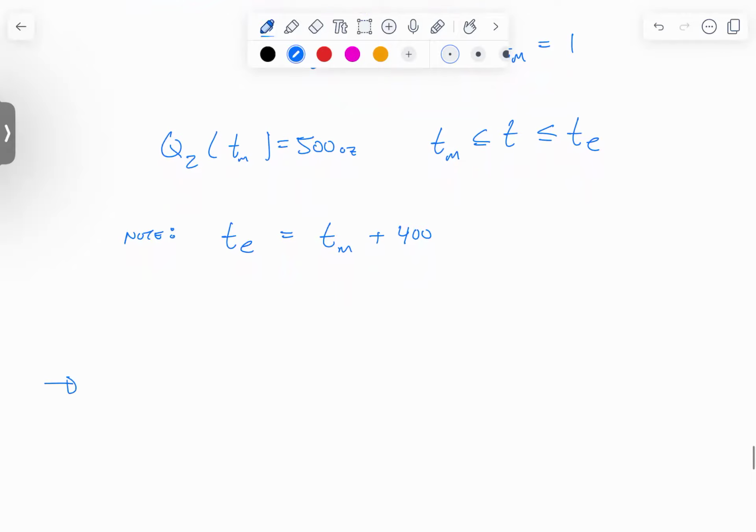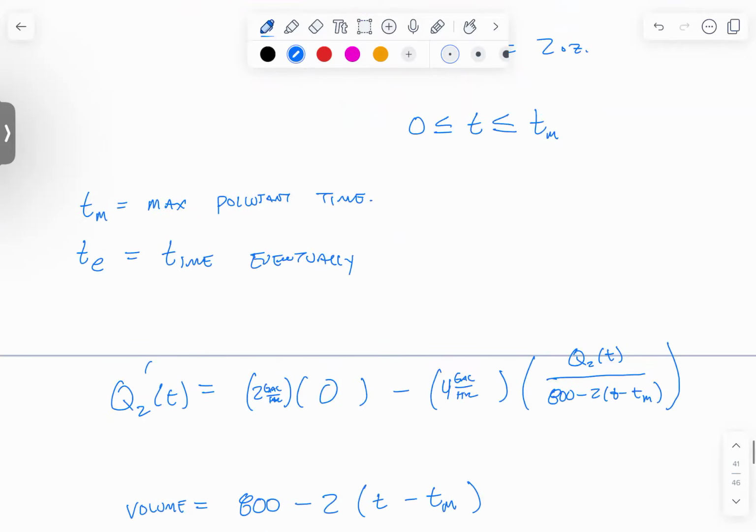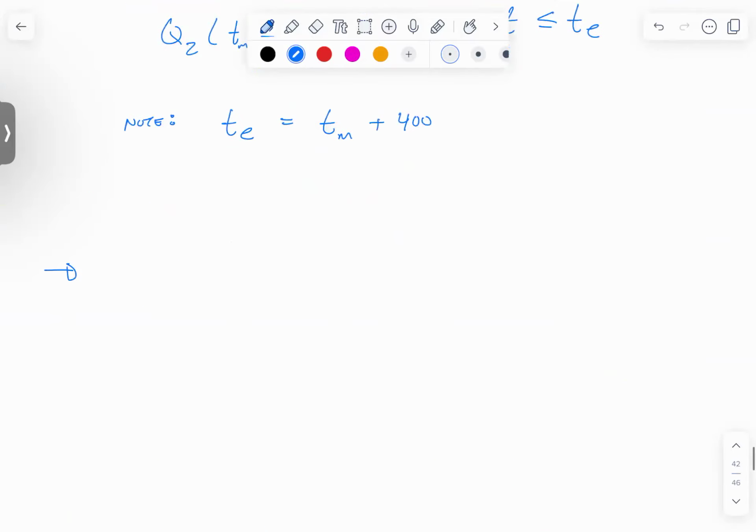Okay, so we got that all set up. Now let's rewrite and reduce down our IVPs and see what we have and what we can do.